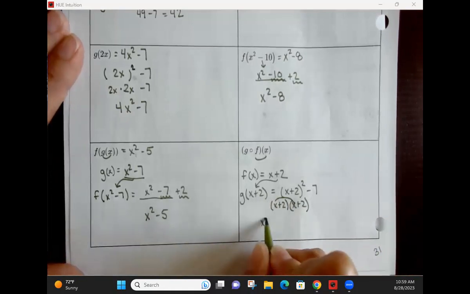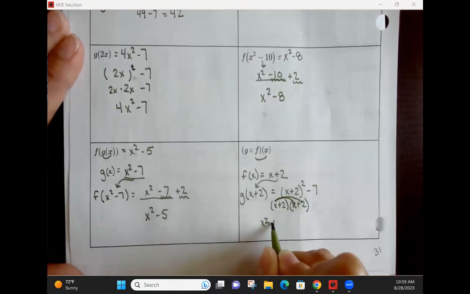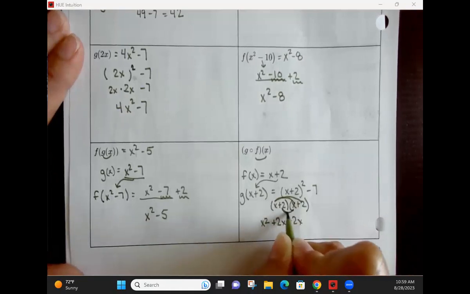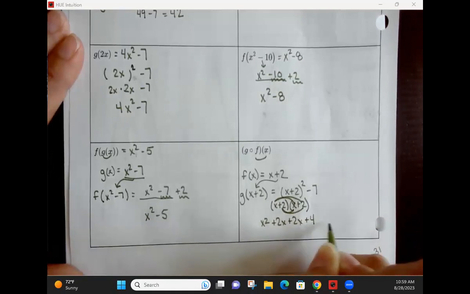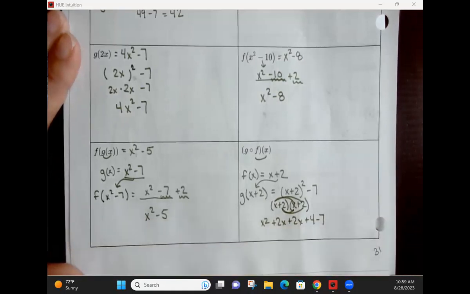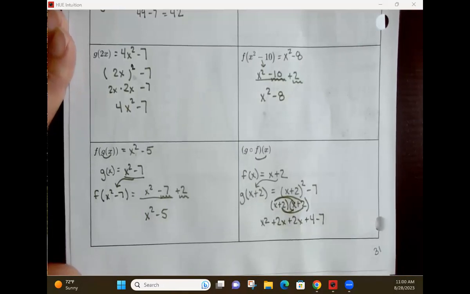So this is x squared plus 2x plus 2x plus 4 minus 7. Don't forget that minus 7 at the end. And then we combine our like terms just like we did above. So a little bit more work to do on this particular problem, but it's exactly the same idea as what we've done for all of our composition problems.